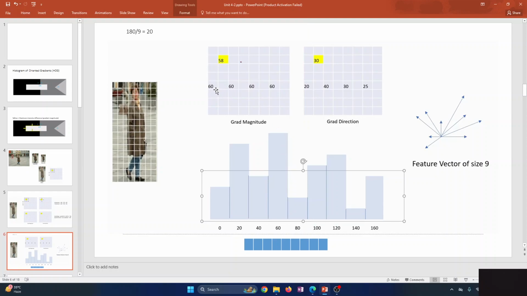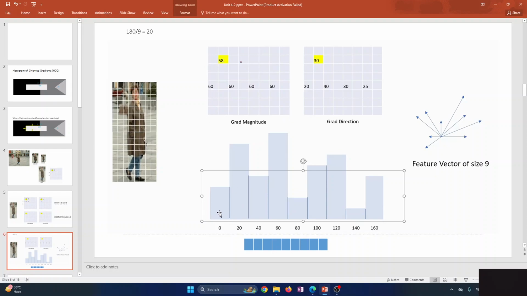Now first of all, we found the gradient magnitude is 60 and the gradient direction is 20. So out of all the directions, in the 20th direction we found the gradient magnitude is 60.